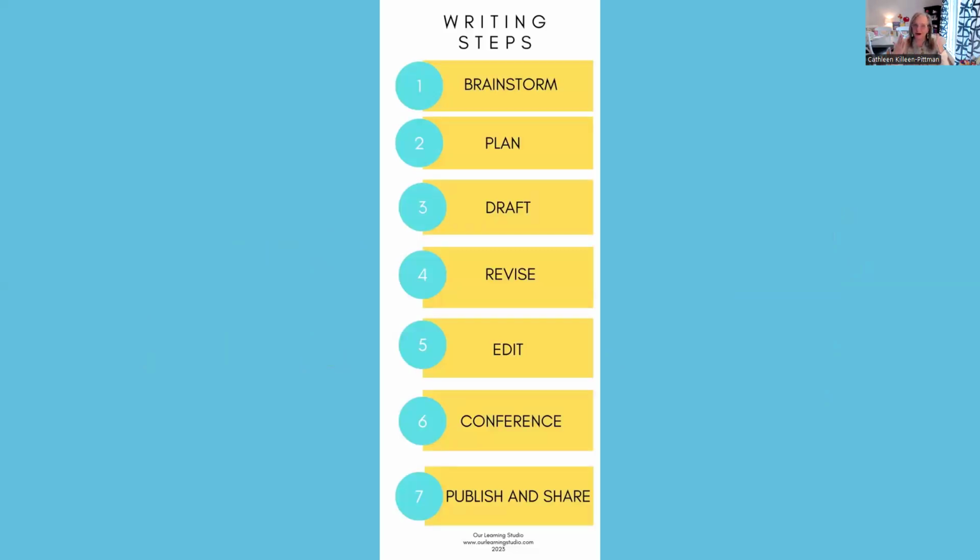So if we can give our child a visual support, and this can be as simple as writing these steps on a whiteboard, or writing them on index cards, one step on each card, hole punched and put on a ring, and they're turning to the step that they're on. These are the steps that I use in Writing Workshop: Building the Basics, my online writing course.